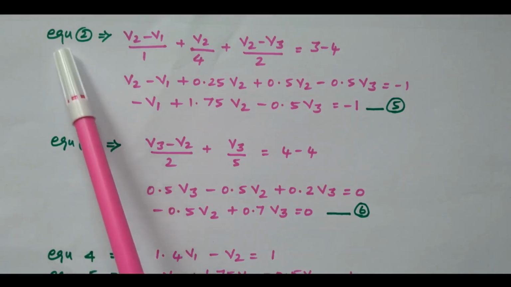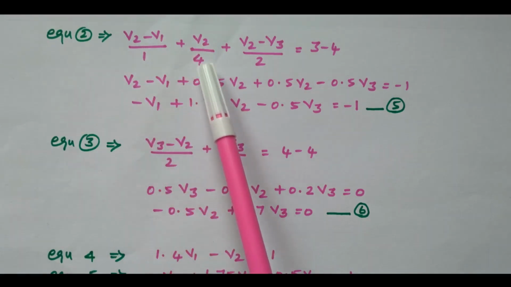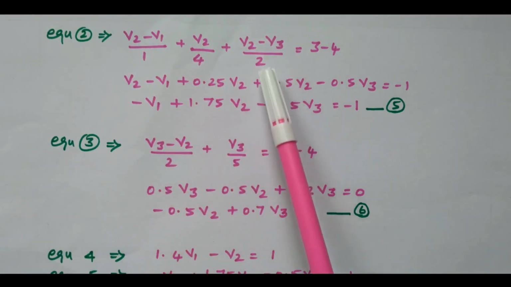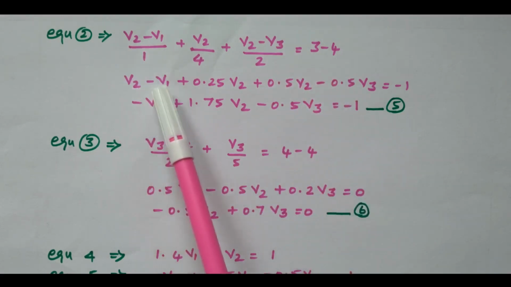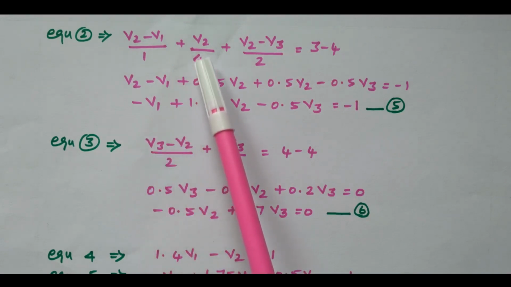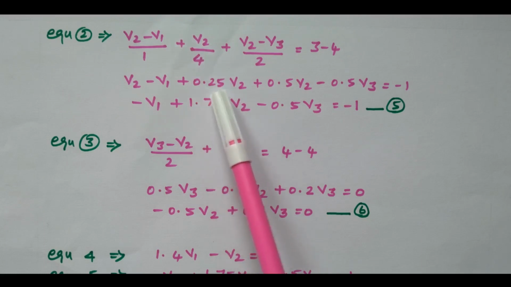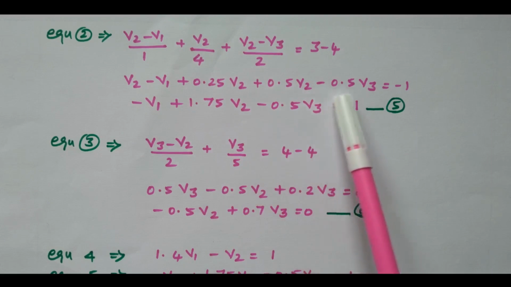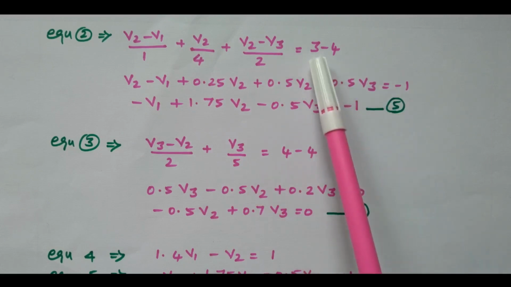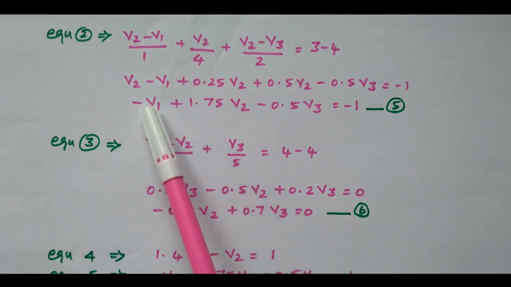Now consider the second equation: (V2 minus V1) by 1, plus V2 by 4, plus (V2 minus V3) by 2, equal to 3 minus 4. So this one can be written as V2 minus V1. V2 by 4 is 0.25 V2. 1 divided by 4 is 0.25. 1 divided by 2 is 0.5. So 0.5 V2 minus 0.5 V3 equal to 3 minus 4, which is minus 1. Now this V1 is available here, minus V1.